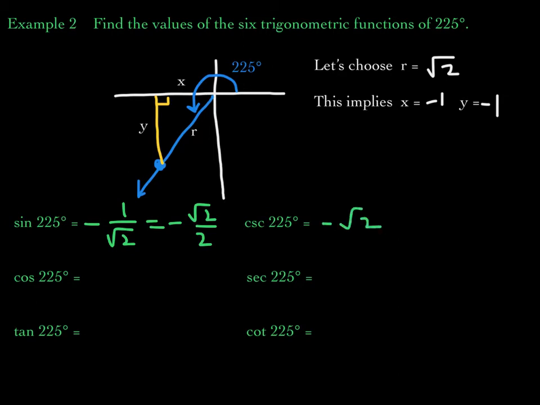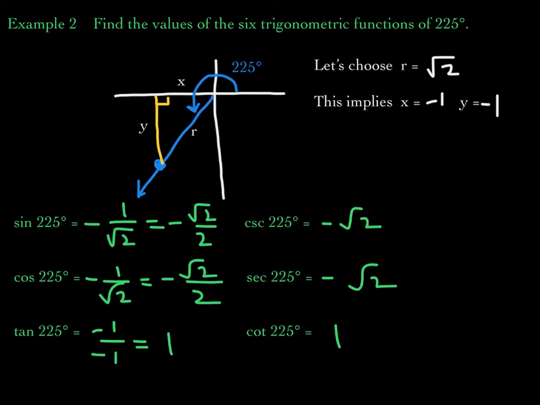Cosine of 225 degrees is the same. It'll be adjacent over hypotenuse, or x over r, which is -1 over √2, which is -√2 over 2 when rationalized, which implies that secant, the reciprocal of cosine, of 225 degrees is -√2. Finally, tangent of 225 degrees is defined to be y over x, or opposite over adjacent, so it will be -1 over -1, which is +1, which means cotangent, the reciprocal of tangent of 225 degrees, is 1 as well.